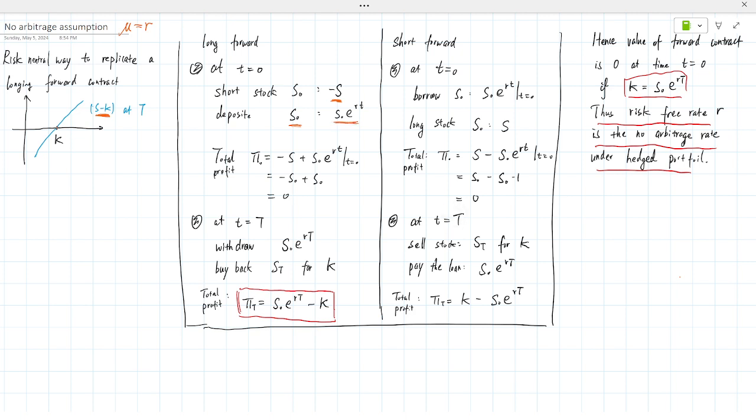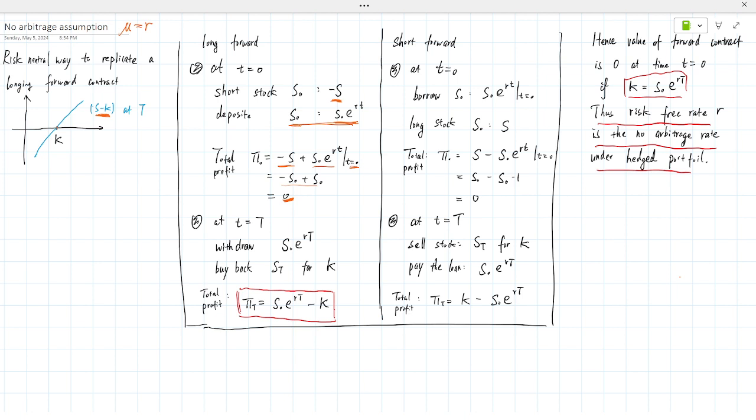So your total profit at the current setup is negative S plus S naught, at time t equals 0, and you end up with a net of 0.